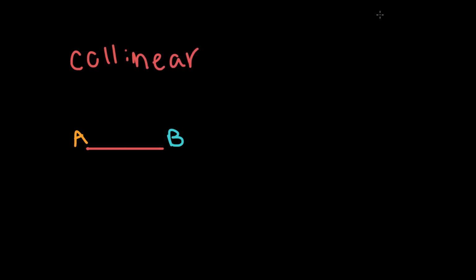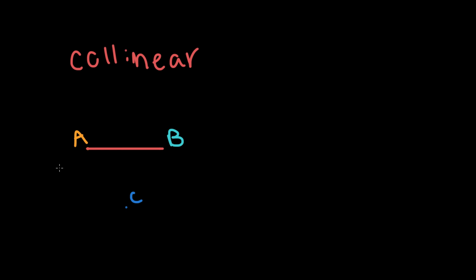Nice. Okay, so how about this point? Why don't I add a new one right here? We'll call it point C. So now what? Well, these 3 points are coplanar, which means that they are all on the same plane, but not necessarily the same line. So I bet you're asking yourself right now, well, what is a plane?